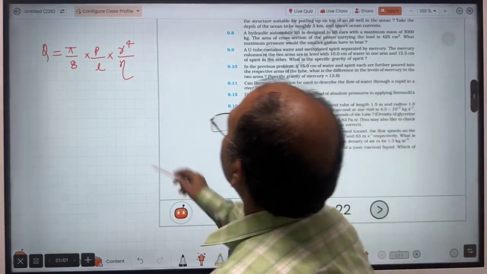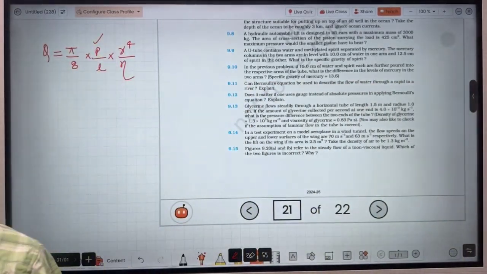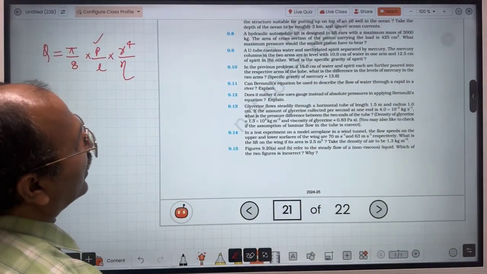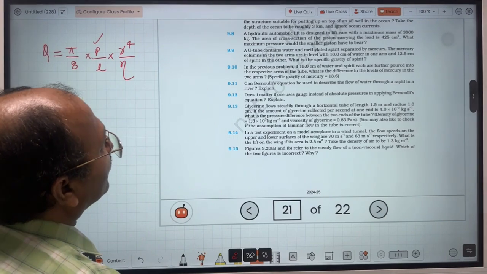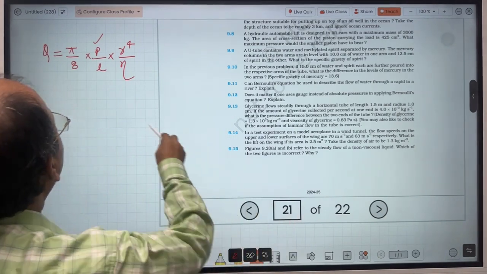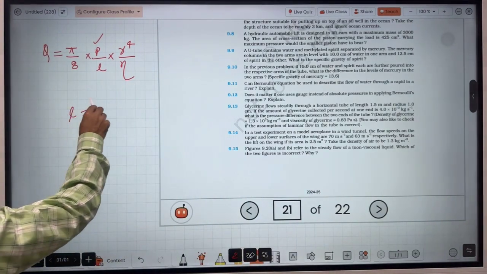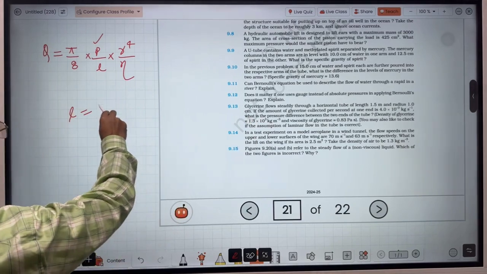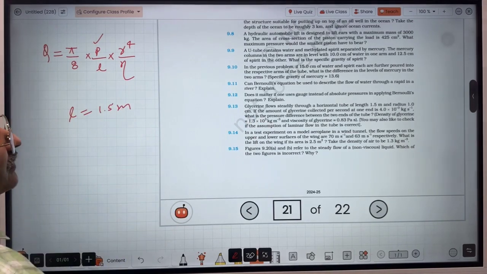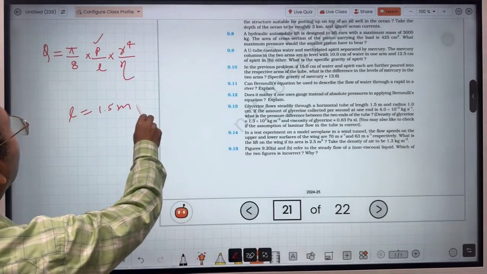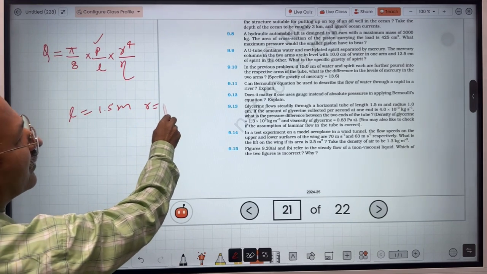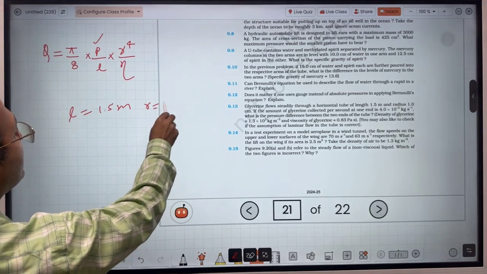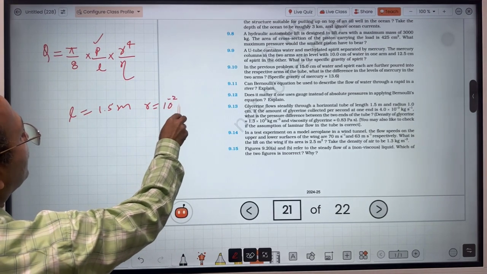So we have to find out P. There is no problem. Let's first check whether all necessary information is given. Length of tube L is given, that is 1.5 meter, and then radius R is given. It is a radius of 1 centimeter, which means you can write it as 10 power minus 2 meter.